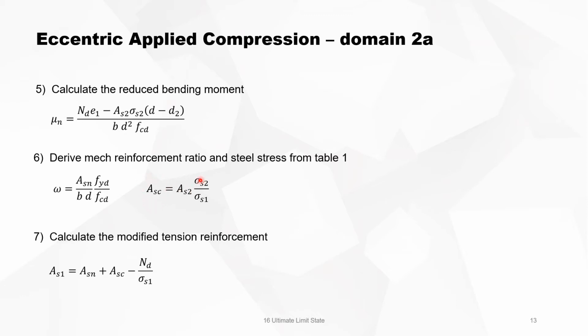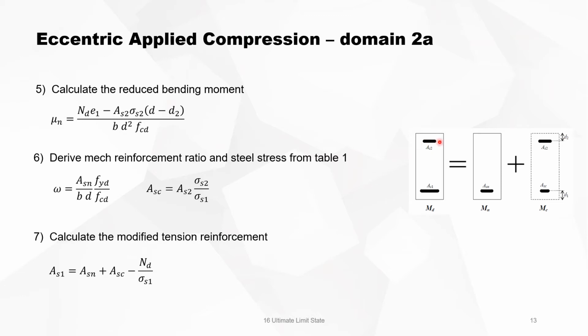In most cases, sigma S2 equals sigma S1. And then we calculate the modified tension reinforcement for eccentrically applied compression with compression reinforcement. So remember this, that if you use compression reinforcement, you have a substitution, or you have a superposition of two states.